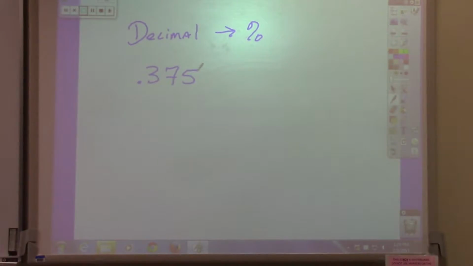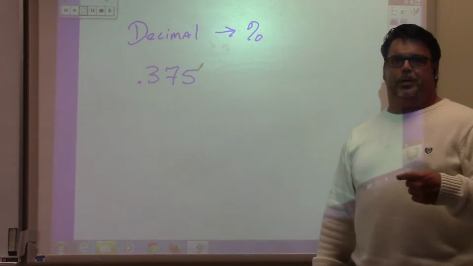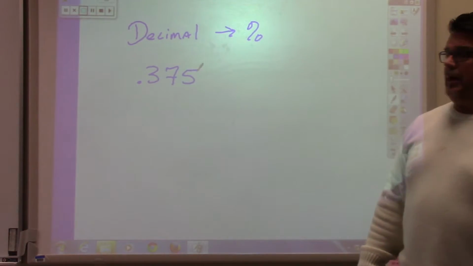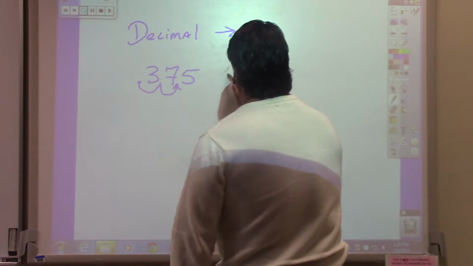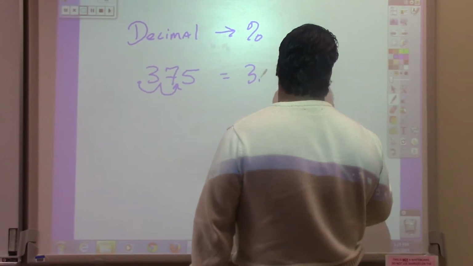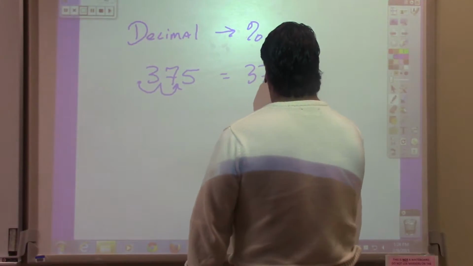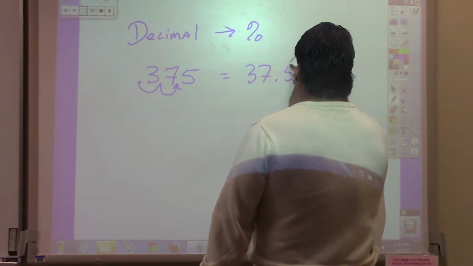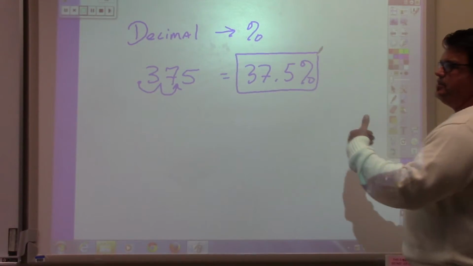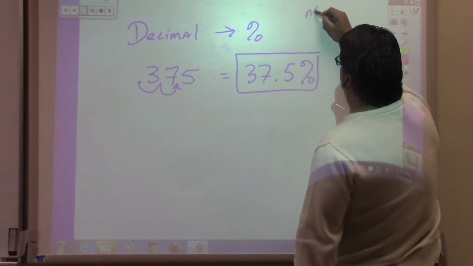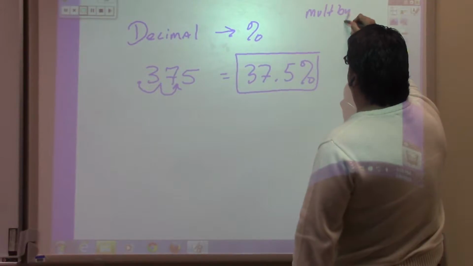If you multiply by 100, you move the decimal place 2 places to the right. So, uno, dos. So when you're moving from a decimal to a percent, you multiply by 100.